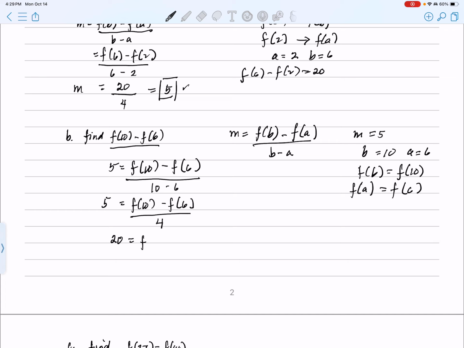That is f of 10 minus f of 6. So the answer is that f of 10 minus f of 6 is equal to 20. That answers the question.